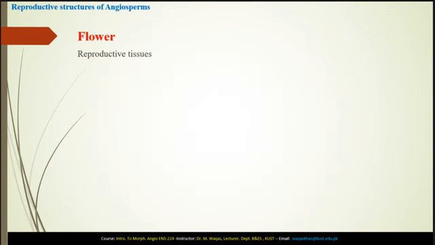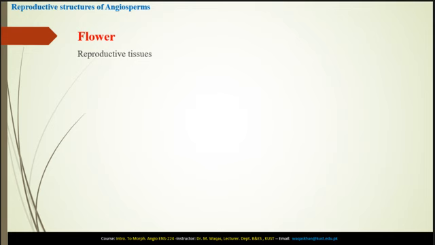All these structures occur only if there is a flower. Without a flower, all these stages cannot occur. So what is a flower? Flowers are basically the reproductive tissue of the plant that contain both male organs as well as female organs.